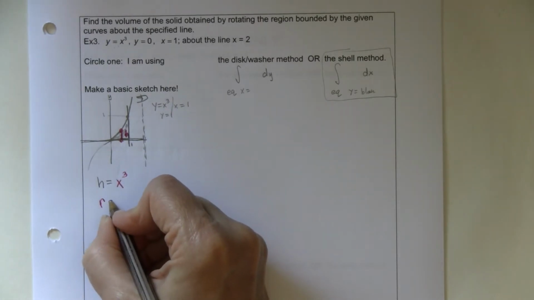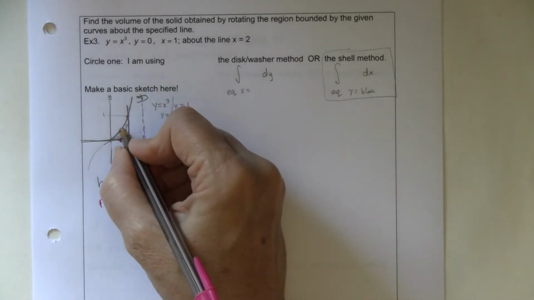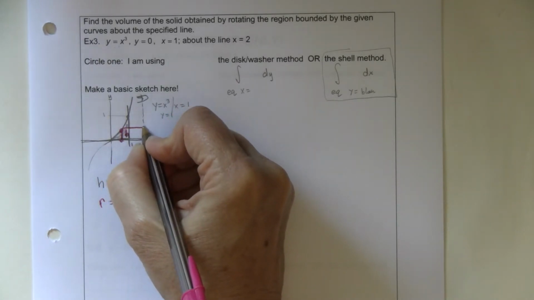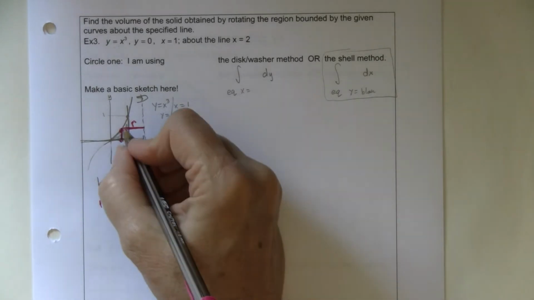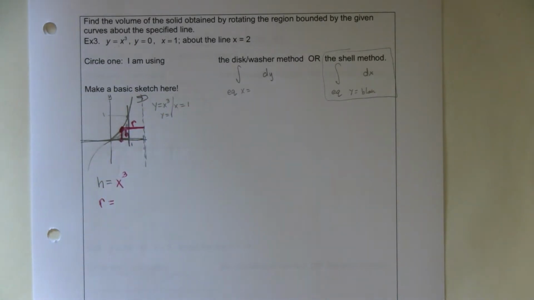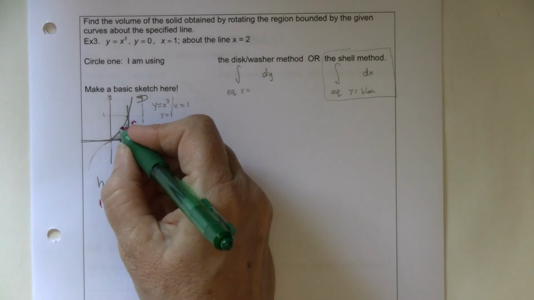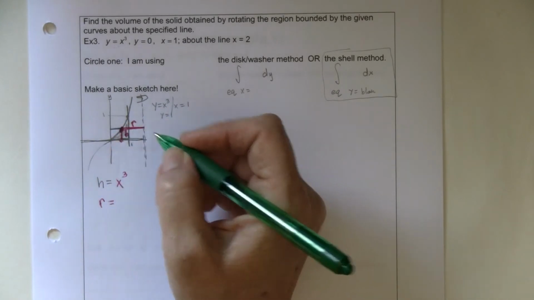And then r equals, now this is the distance r, right? R goes from the axis of rotation to h. And I always draw it at the point that I have right there. Now, what I know is that this distance from the y-axis to that point is called x.